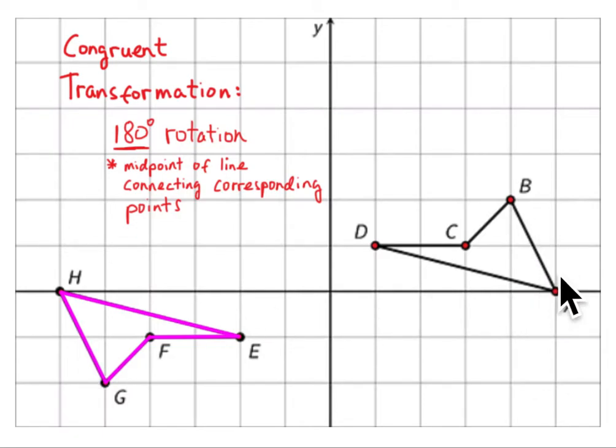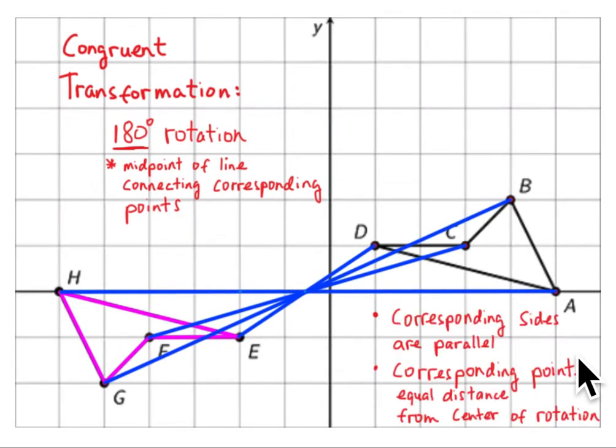So the corresponding sides are parallel. The corresponding points are always an equal distance from the center of rotation after a 180-degree rotation. So each of these corresponding points are an equal distance away.